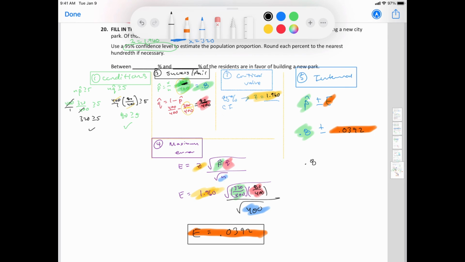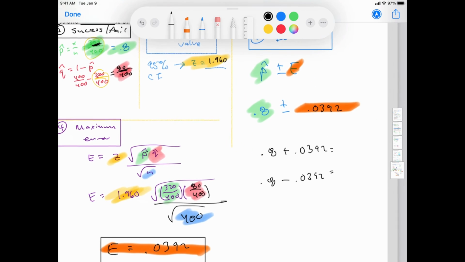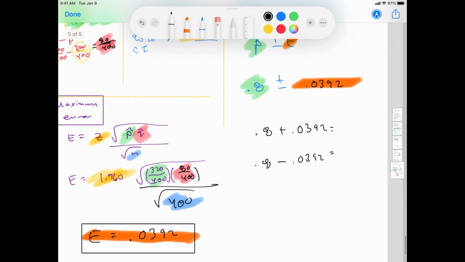That would be 0.8 plus 0.0392 and 0.8 minus 0.0392. And you're going to get two values, 0.8392 and 0.7608.